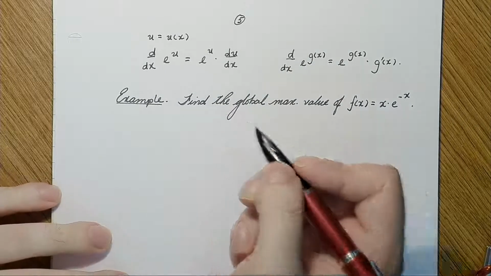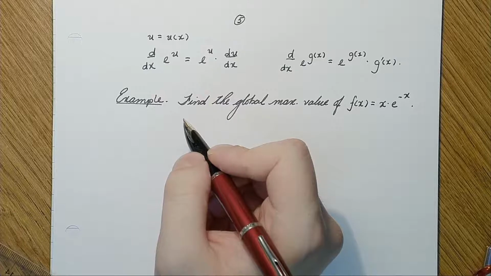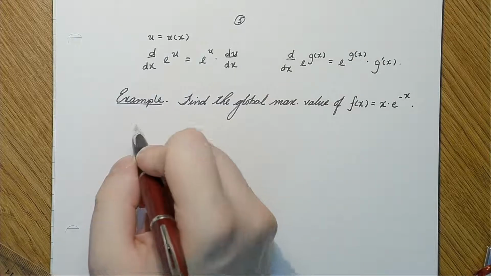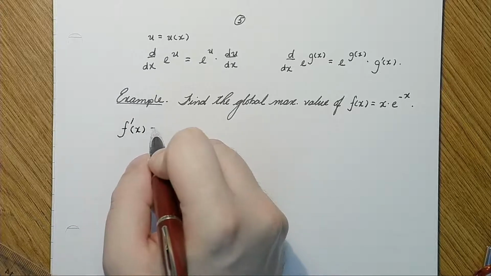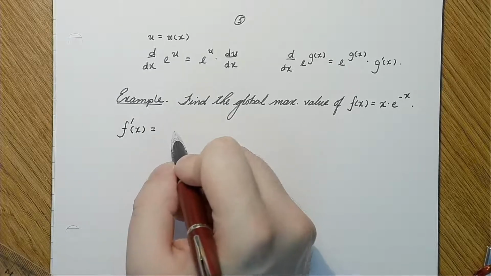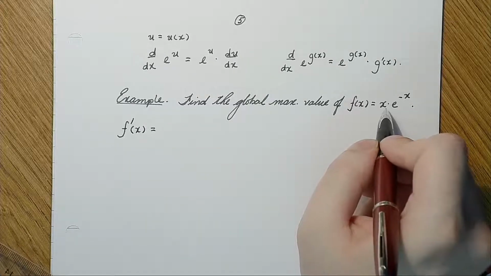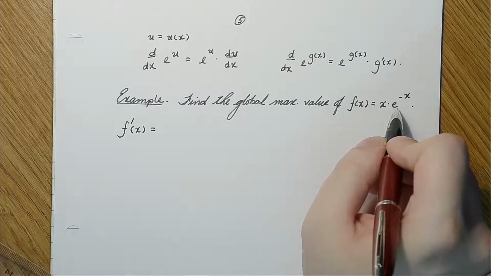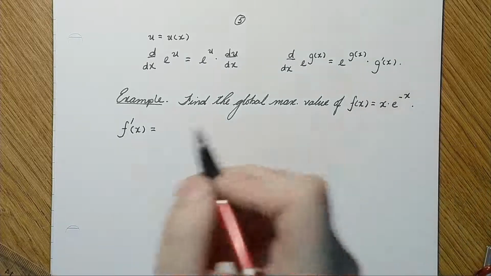Okay. So to find the global maximum, what we're looking for is where the tangent is equal to 0, so we need to find the derivative. Over here, this is a product, so I have to use my product rule: the derivative of the first times the second plus the first function times the derivative of the second.